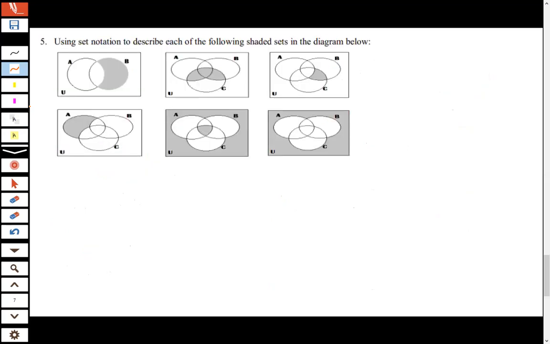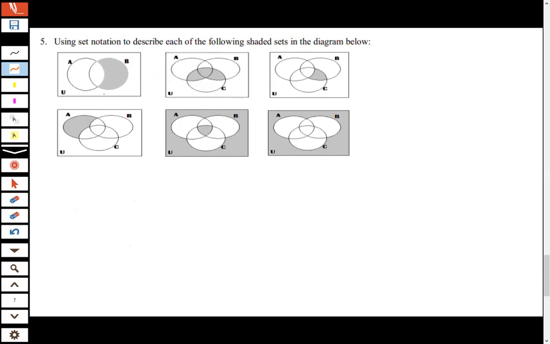We have the last question here, which says to use set notation to describe each of the following shaded sets in the diagram below.